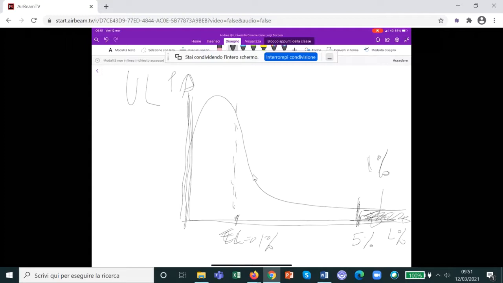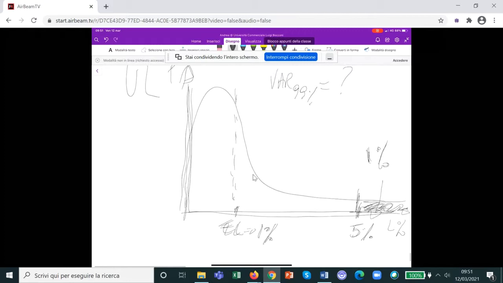So if this is the case, how much is value at risk? The expected loss is 1%. But if things go wrong, it goes up to a 5% loss rate, and the probability of losing more than that is only 1%. So how much would be value at risk at 99%? Who tells me? How much is value at risk at 99% confidence?